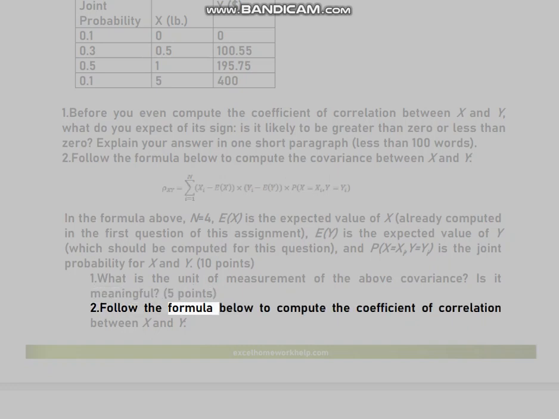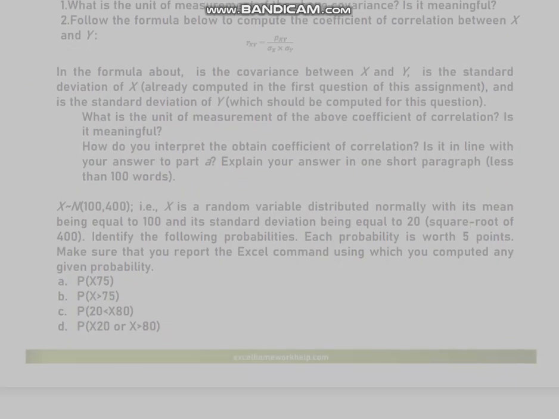2. Follow the formula below to compute the coefficient of correlation between X and Y. In the formula, the covariance between X and Y is used, the standard deviation of X was already computed in the first question of this assignment, and the standard deviation of Y should be computed for this question.